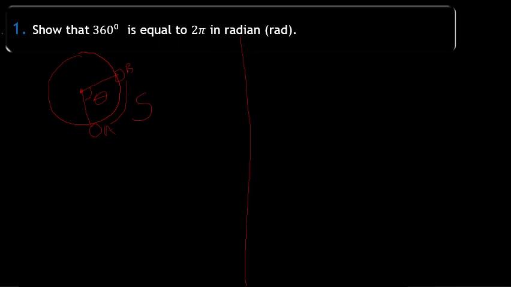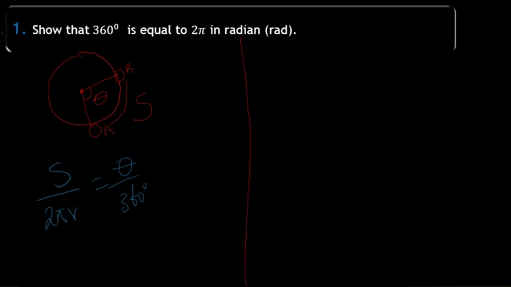Now if we take the ratio of S to the whole circumference, that would be S over 2 pi r, equals the ratio of theta to the whole angle in a circle, so theta over 360 degrees.